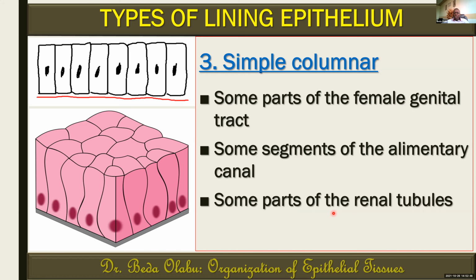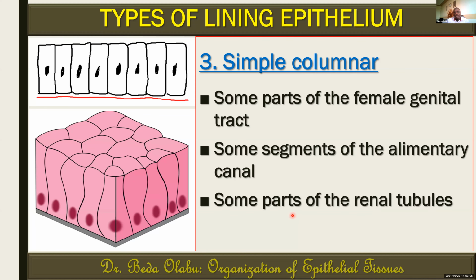Some parts of the renal tubules are also lined by simple columnar epithelium. Same places which were lined by simple cuboidal may also be lined by simple columnar. So the convoluted tubules, whether proximal or distal, may be simple columnar or simple cuboidal.